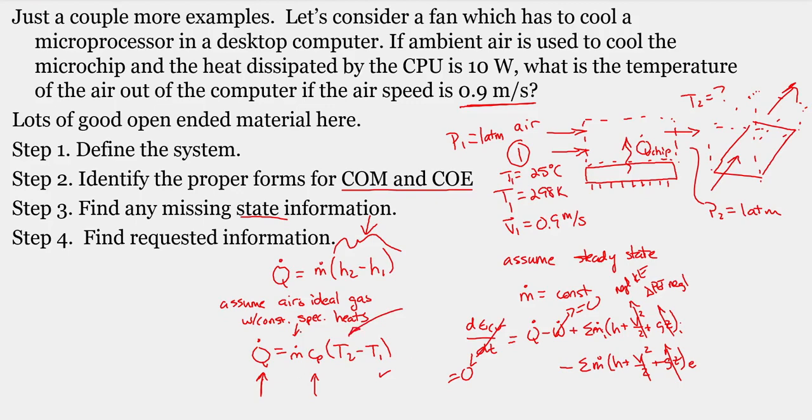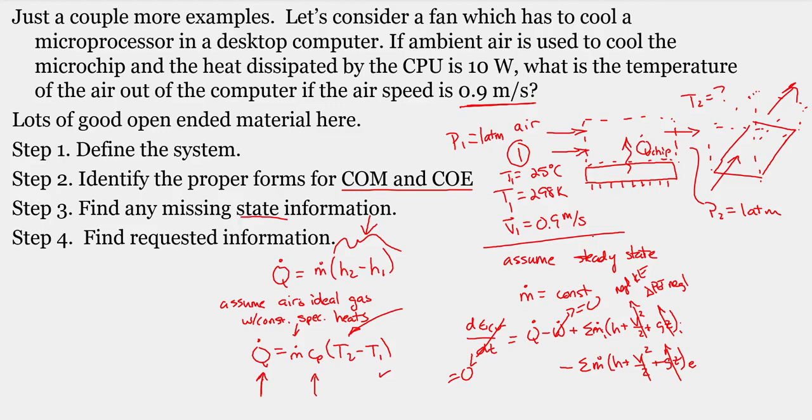We look at these variables in general, we say the specific heat at constant pressure is a thermodynamic property. It's a constant specific heat, so we can define it at the entrance state conditions. So in principle, this sounds pretty straightforward, that there's not a whole lot left for us to do. In practice, it's much more complicated, primarily because we don't have those convenient lookup tables in terms of enthalpies.